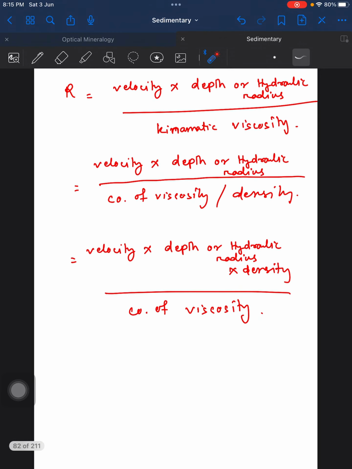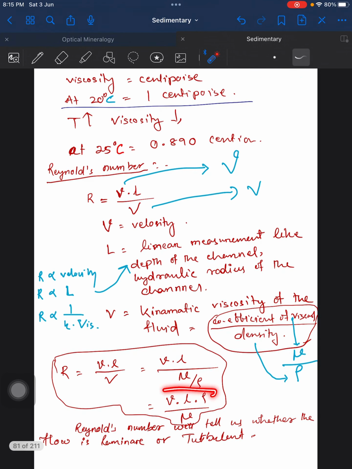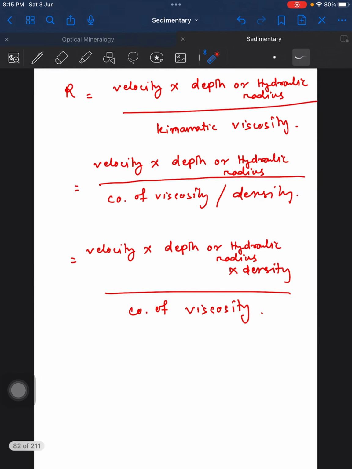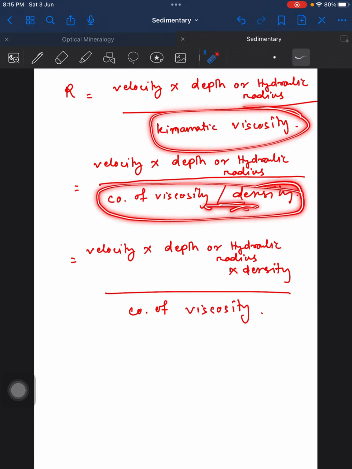So let's see. Here I have explained this formula in an elaborate way. This is the velocity into linear parameter into density of the water divided by the coefficient of viscosity. Initially it was velocity into depth or hydraulic radius divided by kinematic viscosity. Later on we replaced kinematic viscosity by coefficient of viscosity divided by density.